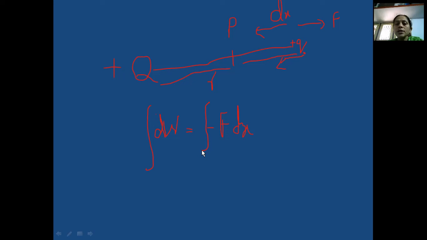This work done is stored in this charge as its potential energy, because when we bring this plus q0 charge towards plus capital Q, we are doing some work. If we release this charge, then it will again move out. That is, the potential energy that has been stored will change into kinetic energy.